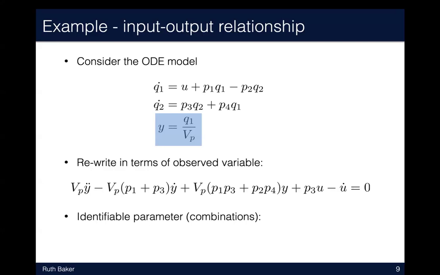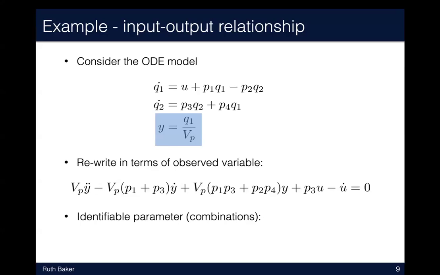So here I can get VP times P1 plus P3. I can get this slightly more complicated combination of parameters here from Y, and then I can get P3. So what does this tell me? If I put in a time varying U, then I can estimate P3, I can estimate VP, and if I can estimate those two, I can also get P1.